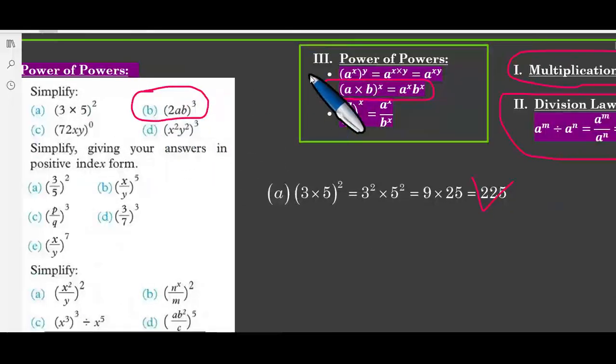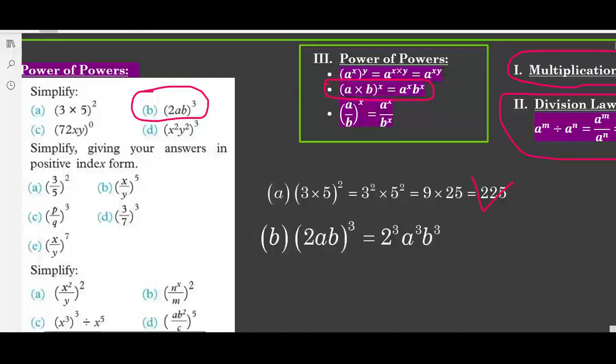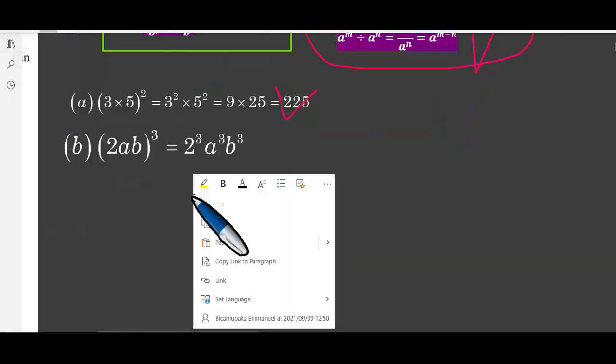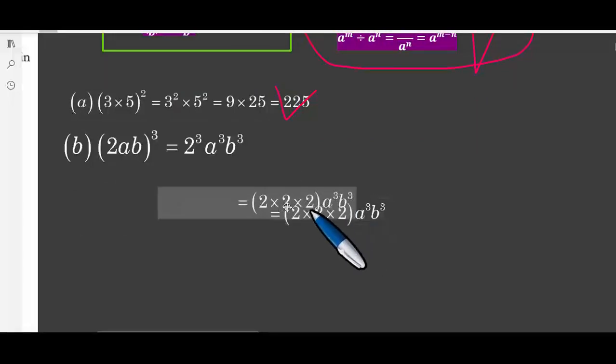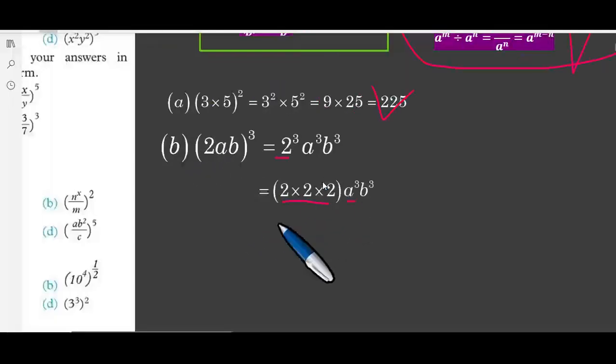Question B. We also apply this power of power rule. These exponents operate on both these bases, and then the second step is the following: 2 to the power 3 here and then here.